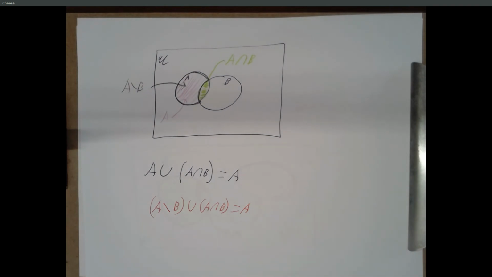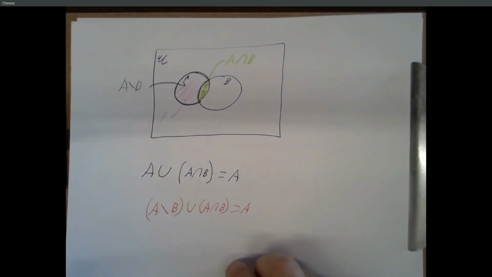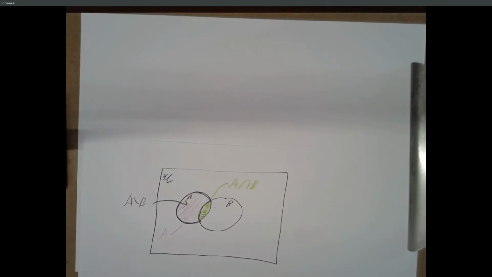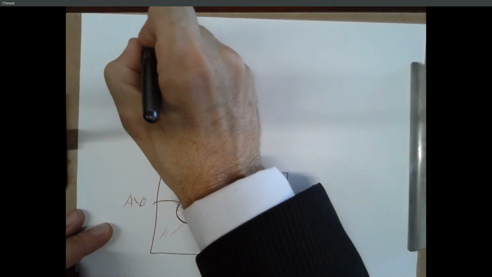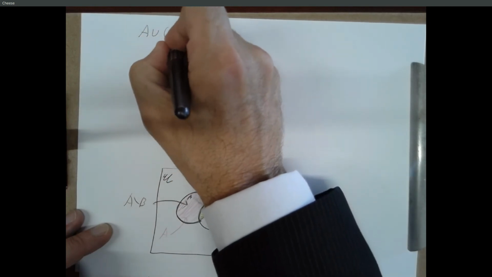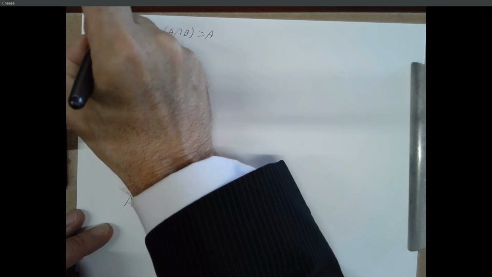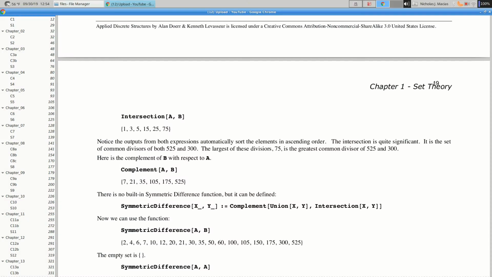So we can get some initial feeling for whether something is true or not, but we'd like to be able to prove these things rigorously. So let's try to prove this identity. And I'm not saying it explicitly, but prove for any sets A and B that this is true.